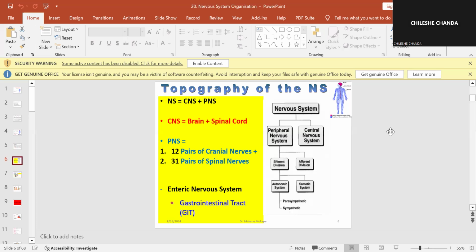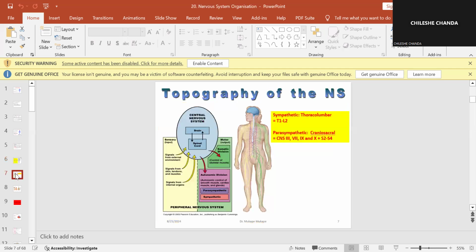Okay, so that is what comprises the enteric nervous system.